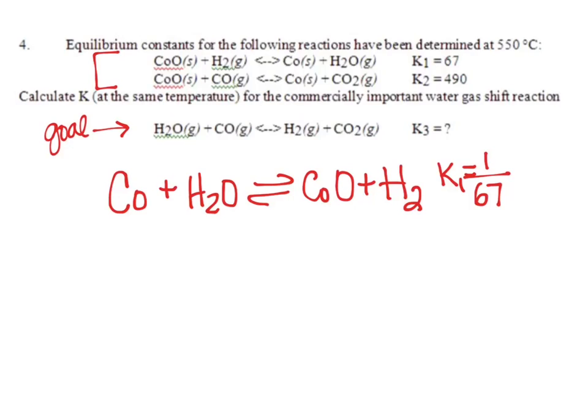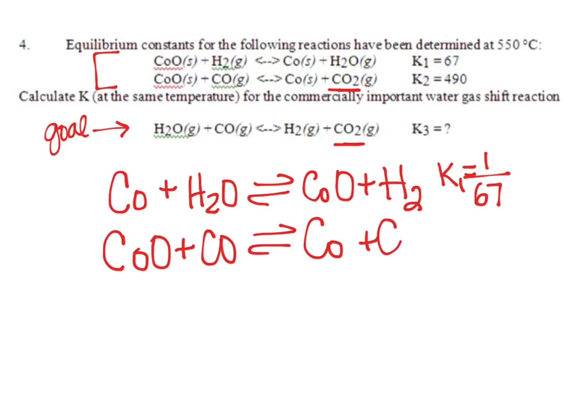All right, what about the second equation? What do we need to do with it? I need CO2 as a product. So let's just leave it alone, which means K2 gets left alone, and it is 490.